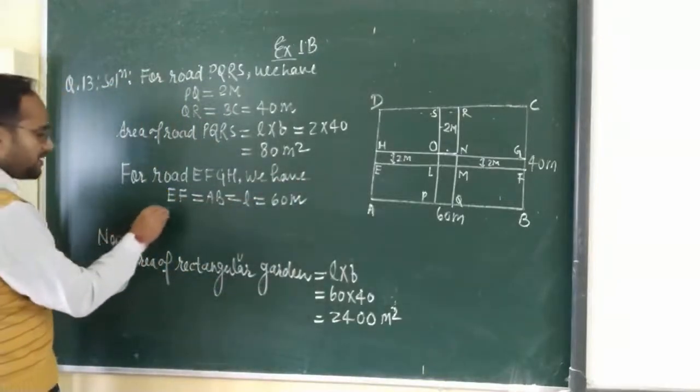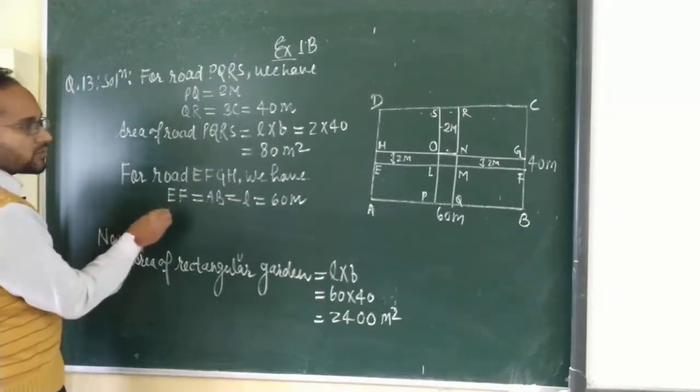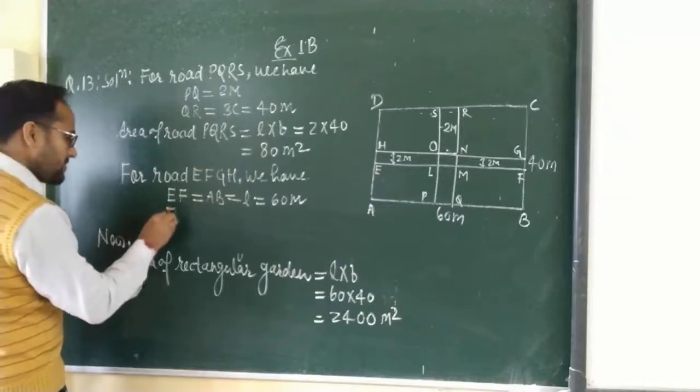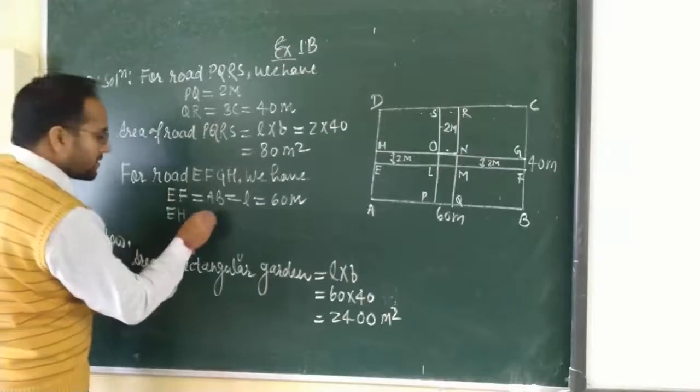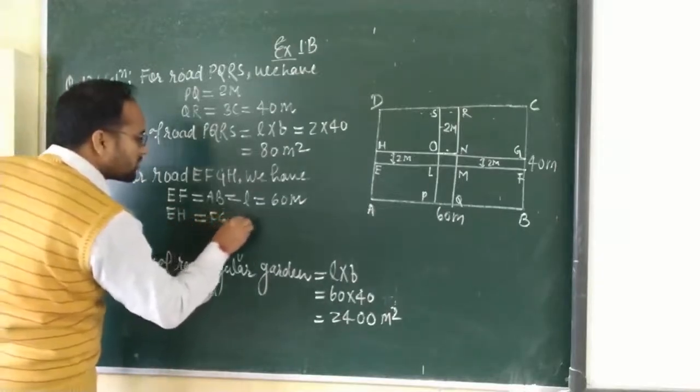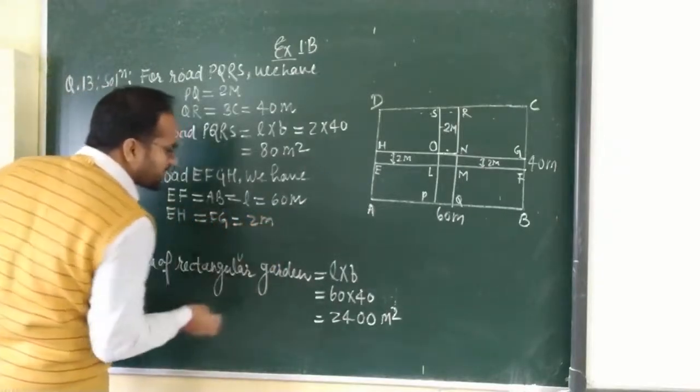Now EH is equal to FG is equal to 2 meter, and that one is the breadth.